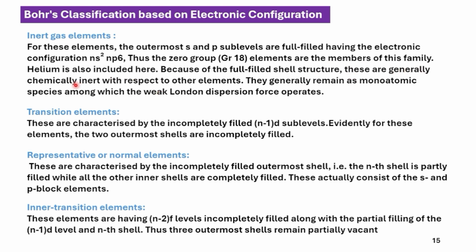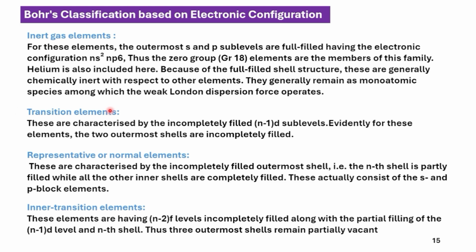These are generally chemically inert with respect to other elements. They generally remain as monoatomic species, among which the weak London dispersion force operates. So these inert gas elements do not tend to react. If you mix different gases and put inert gas there, it will not react with the other gases or other elements.